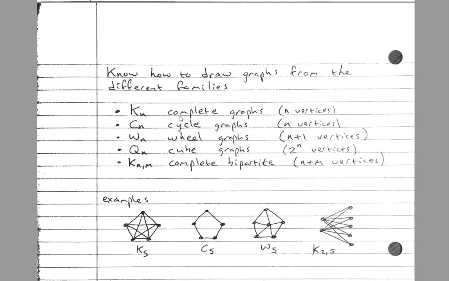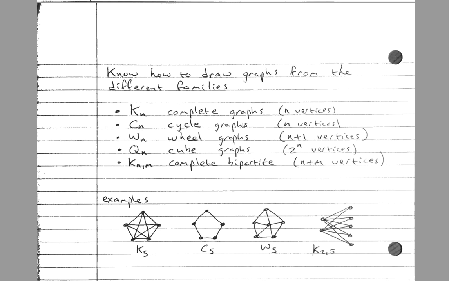Okay, we looked at different families of graphs, and they have special notation. So capital K subscript n is the complete graph on n vertices. So n vertices, and then draw in all possible edges, keeping it simple.